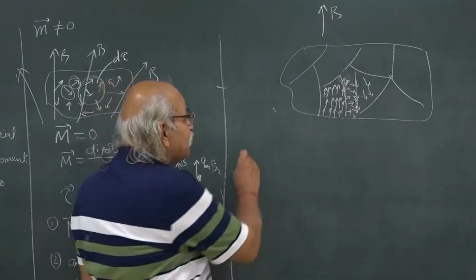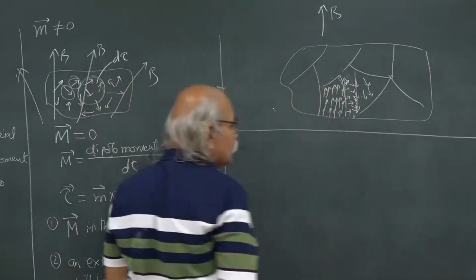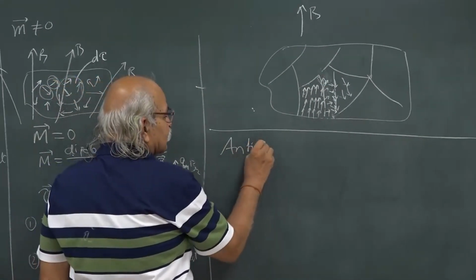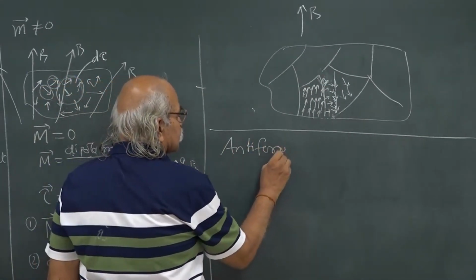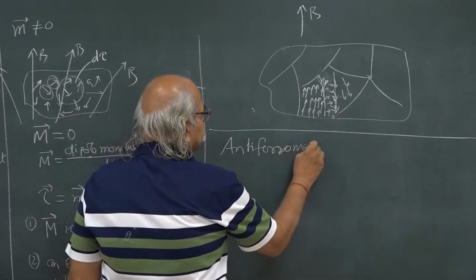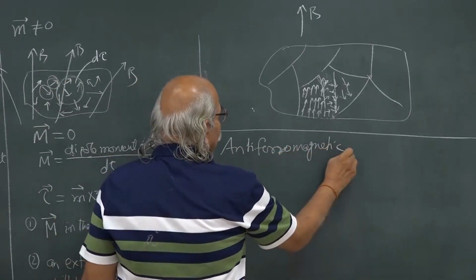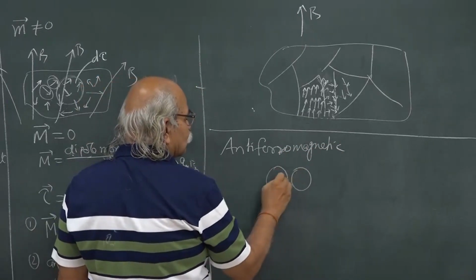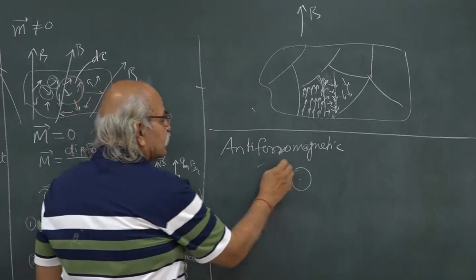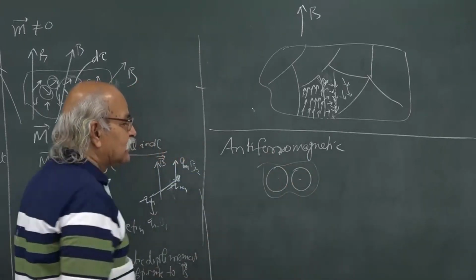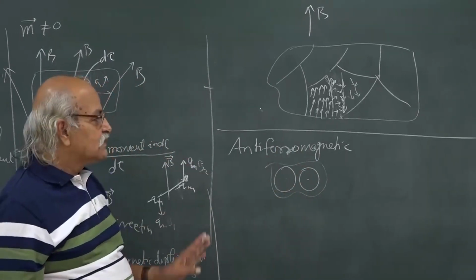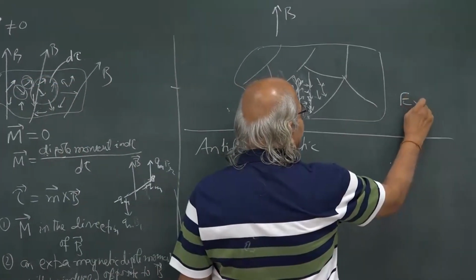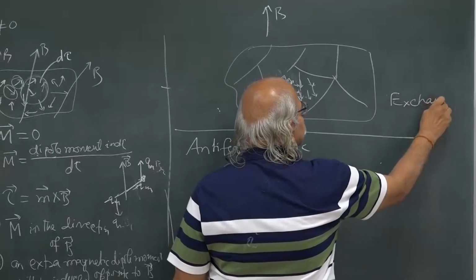If it is antiferromagnetic, there also you have domains. In an antiferromagnetic material, if you have two neighboring atoms, the electrons overlap and interact, which is named exchange interaction.